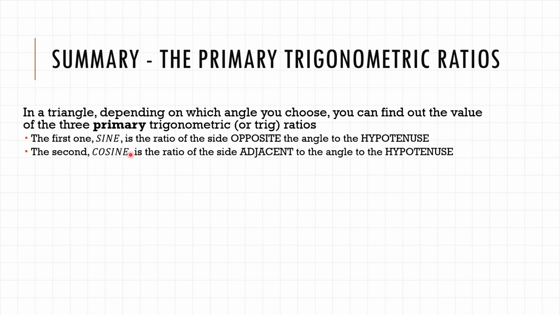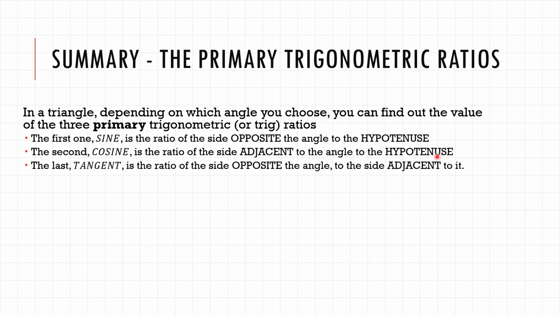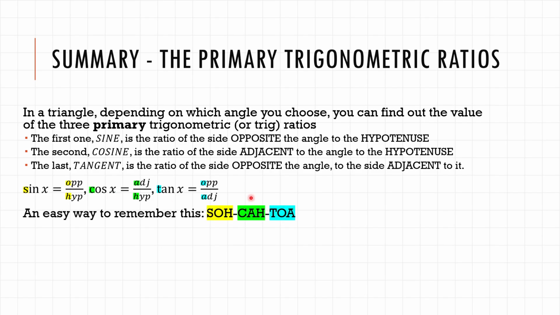The cosine ratio tells you the ratio of the side that is adjacent to the angle, in comparison to the hypotenuse. And finally, tangent tells you the ratio of the side that is opposite the angle that we're looking at in relation to the side that is adjacent to it. In a nutshell, these are the three equations that relate an angle measure to the two relevant sides. And an easy way to remember all three equations at the same time is SOHCAHTOA.